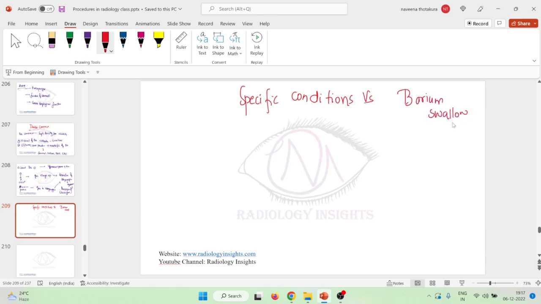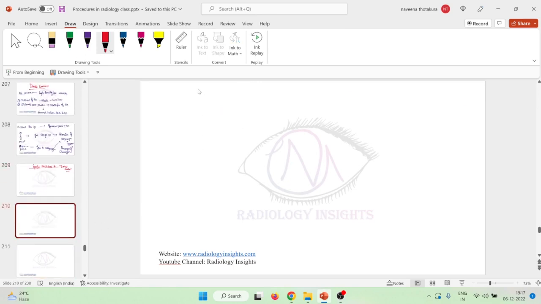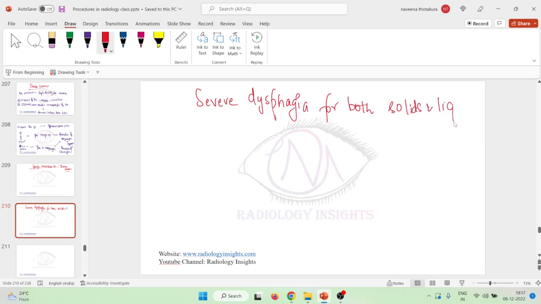Okay, so first, starting with, if the patient suffers from severe dysphagia to both solids and liquids, that is, the patient is finding difficulty in eating both solids and liquids, in such cases a little diluted barium, around 5 ml, is given.